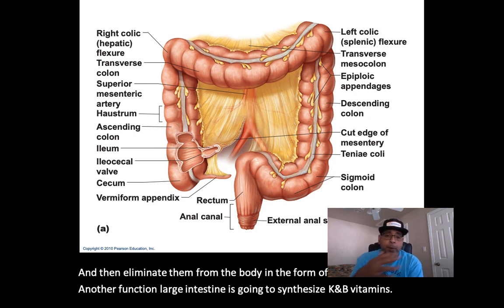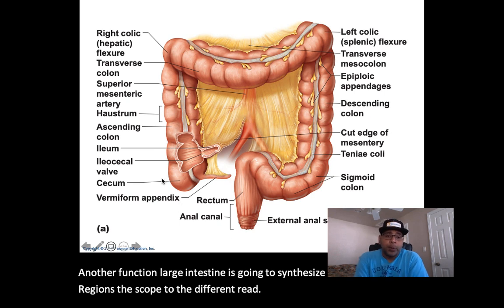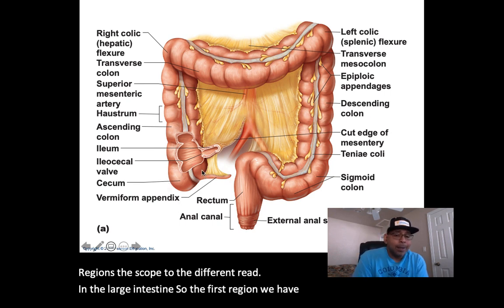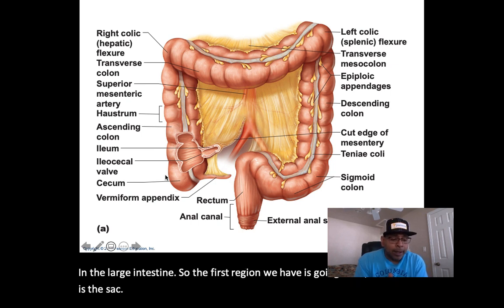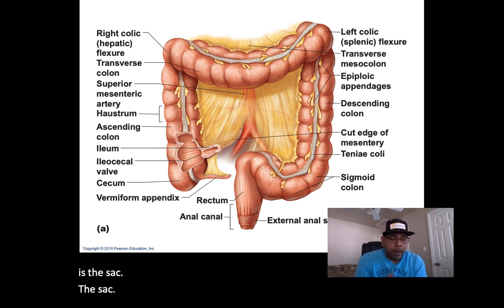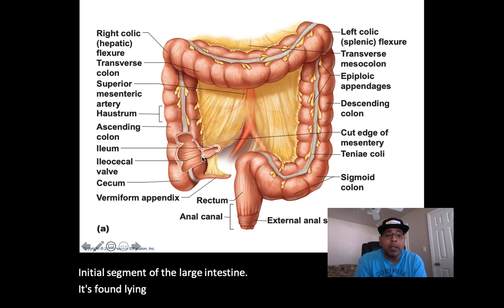Regions, let's go through the different regions of the large intestine. So the first region we have is going to be the cecum. The cecum is the sac-like initial segment of the large intestine. It's found lying below the ileocecal valve.